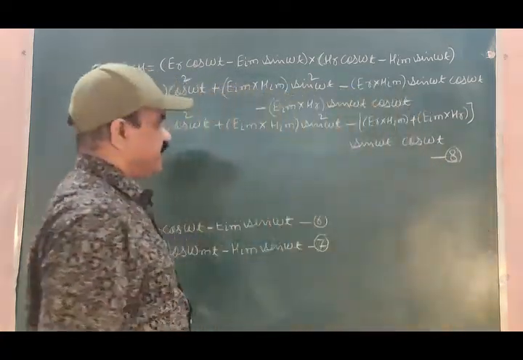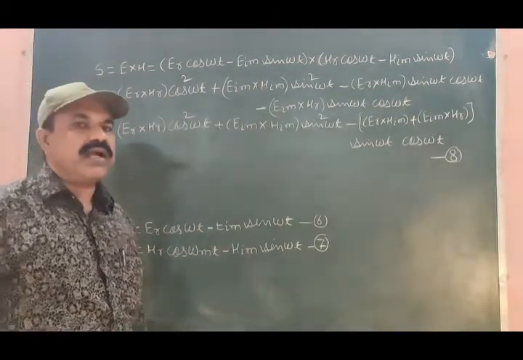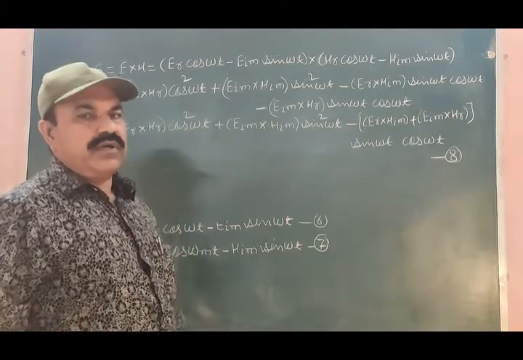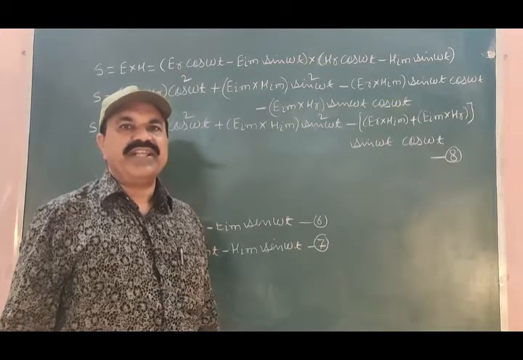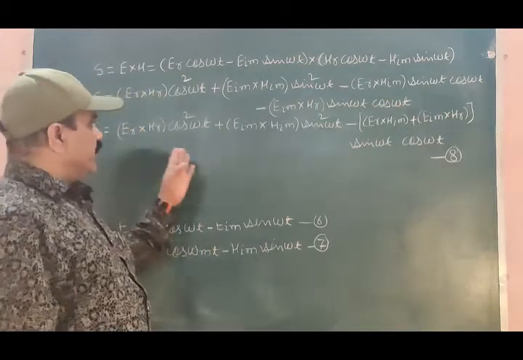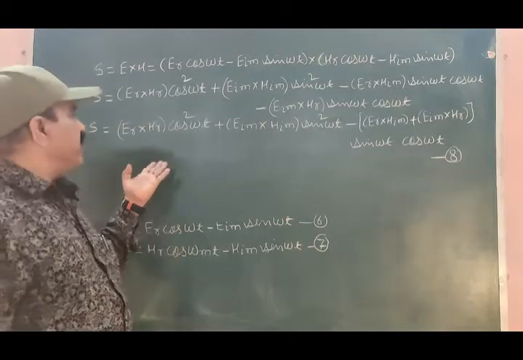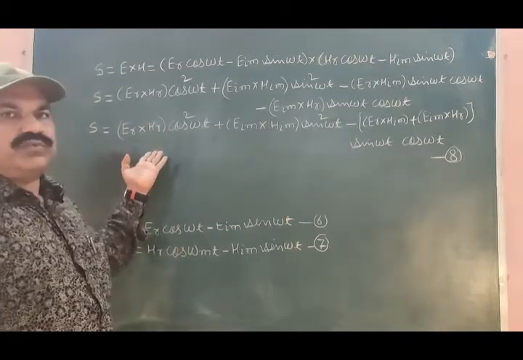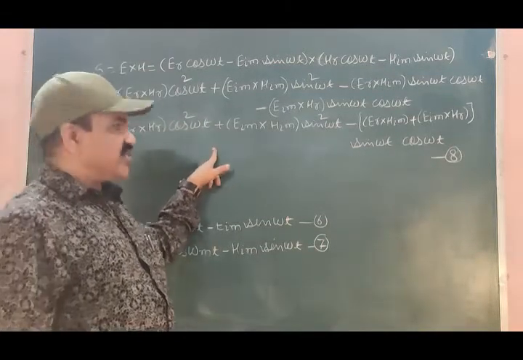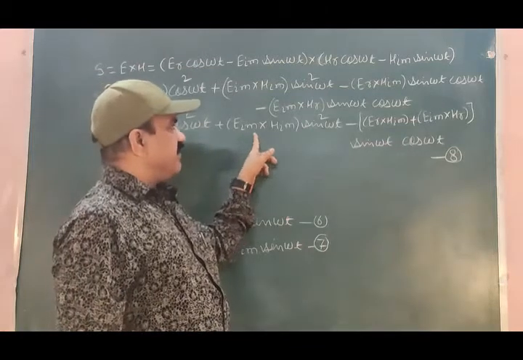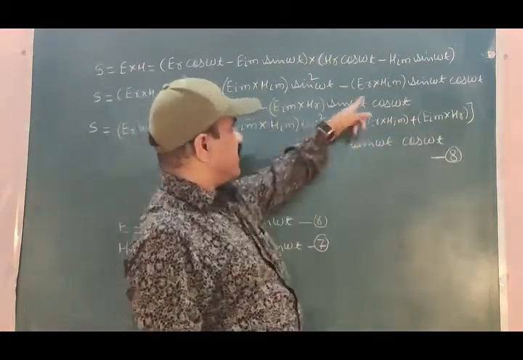equation number 8. So, in terms of the real components of the electric field E and magnetic field H, we found the expression for the Poynting vector S equal to the first term ER cross HR into cos square omega t plus the second term EIM cross HIM sin square omega t, minus these two terms combined.